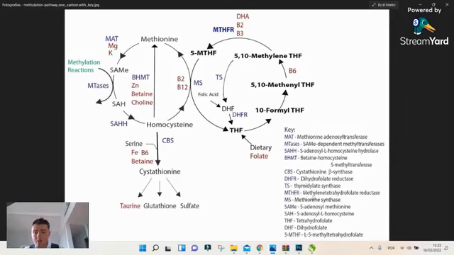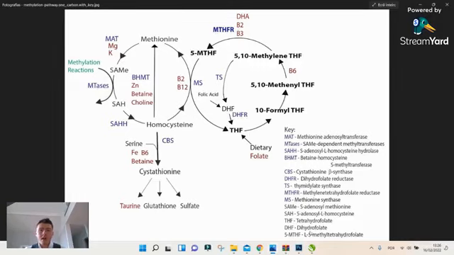This is a really common one, you've probably heard of this one, methyltetrahydrofolate reductase. Down here, these black ones are sort of like nutrients, you could say. Maybe you've heard of SAMe, you've got 5-MTHF. This is when you take a methylated folate supplement, this is probably what you're taking.